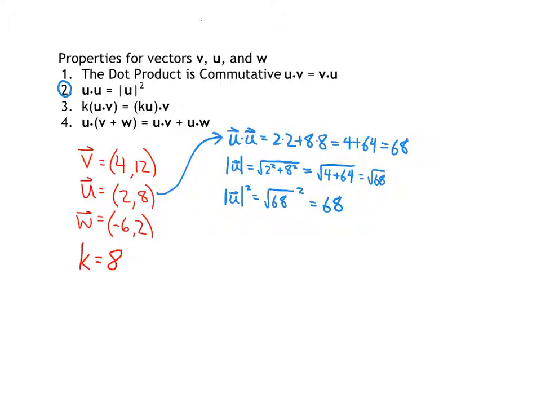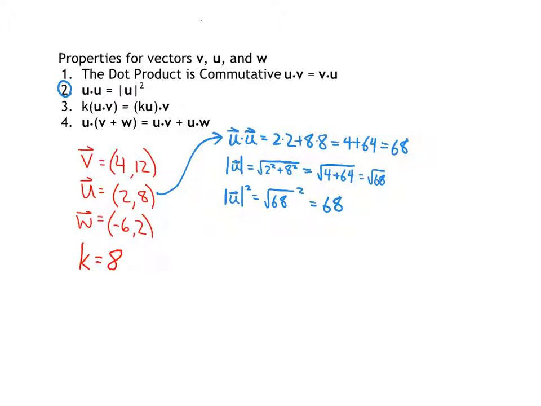Okay? Another relatively simple thing is that if I have a constant times a dot product, I can either do the dot product first and then multiply that by the constant, or I can multiply one of the vectors by that constant and then do the dot product.